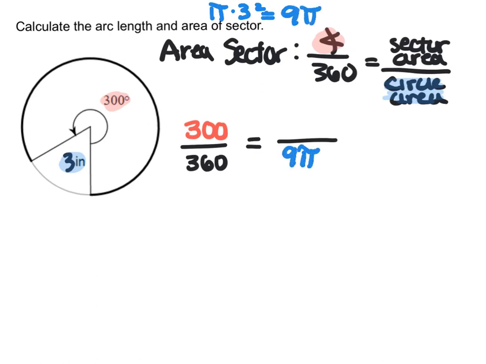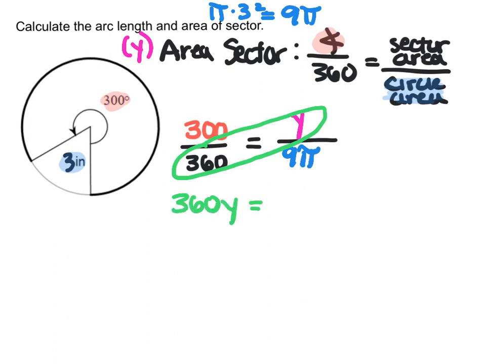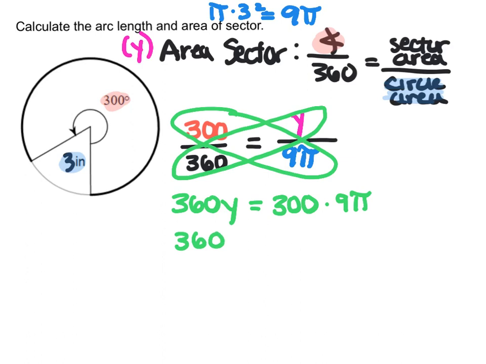So I have 9 pi in my denominator, and then we can choose our variable that we're solving for. So if I choose to call this y, I now have a proportion to solve. So I cross multiply, I multiply 360 times y, and the 300 times 9 pi. So I have 360y equals 300 times 9.